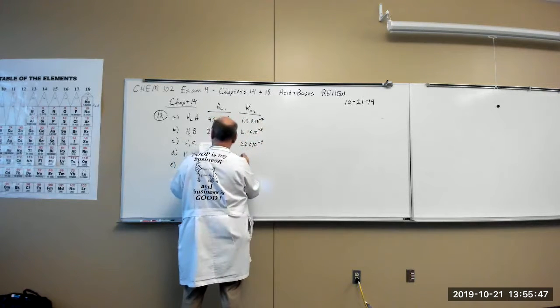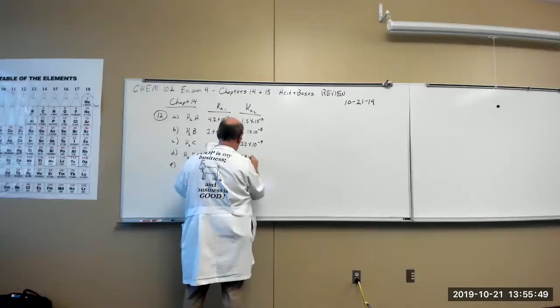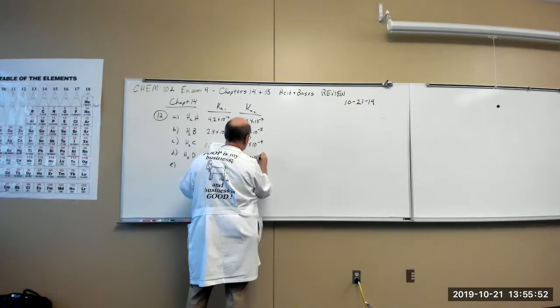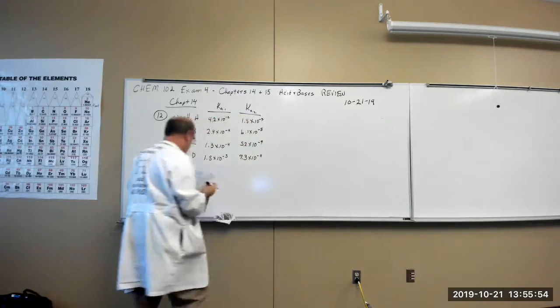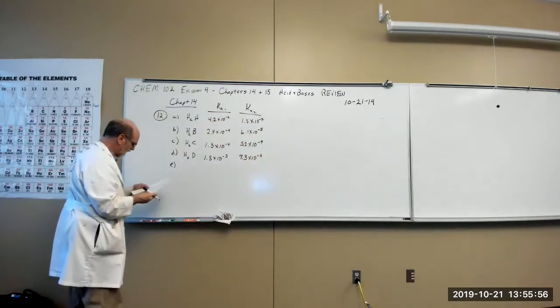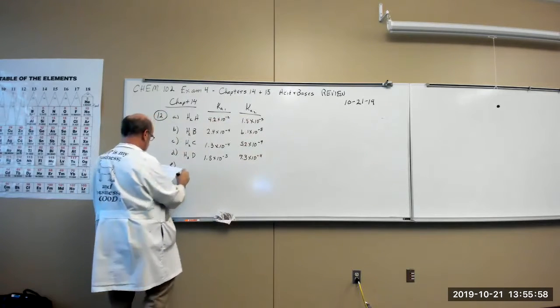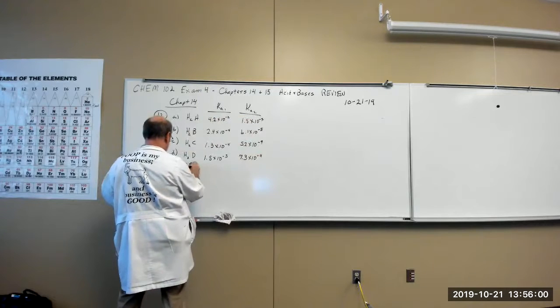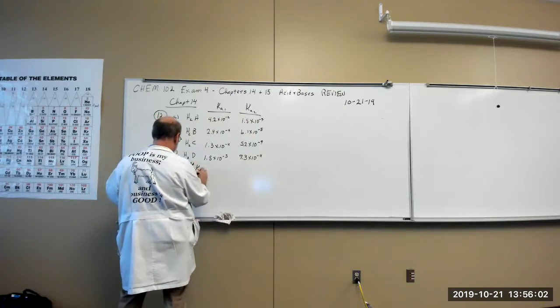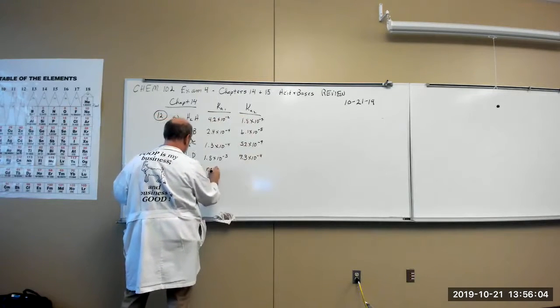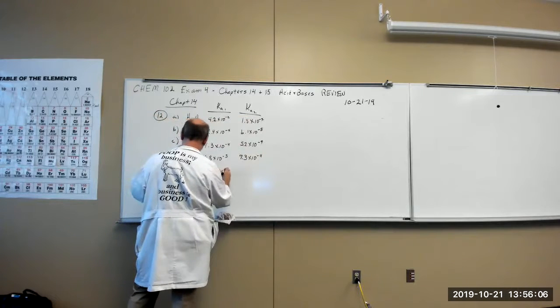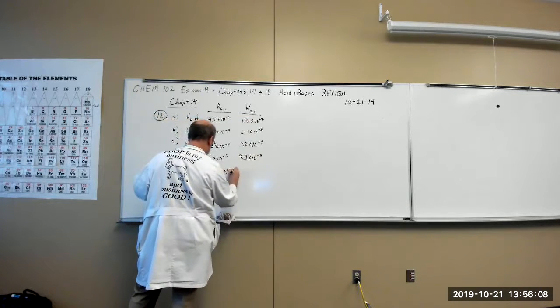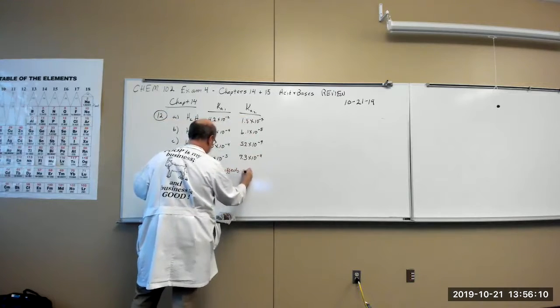And 9.3 times 10 to the minus 4. Okay. Oh, and the last one is: second Ka never affects pH.